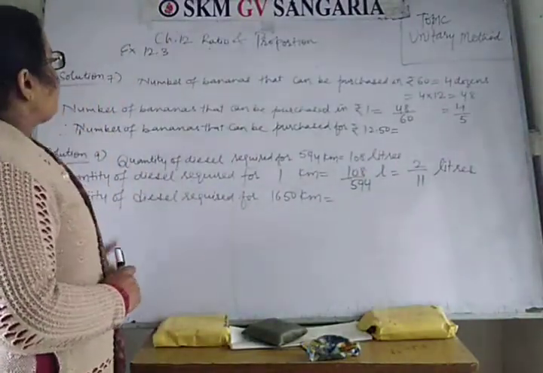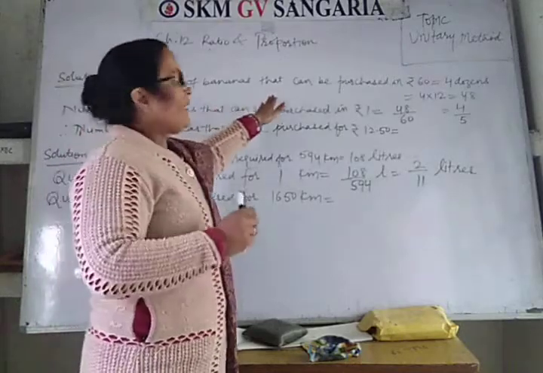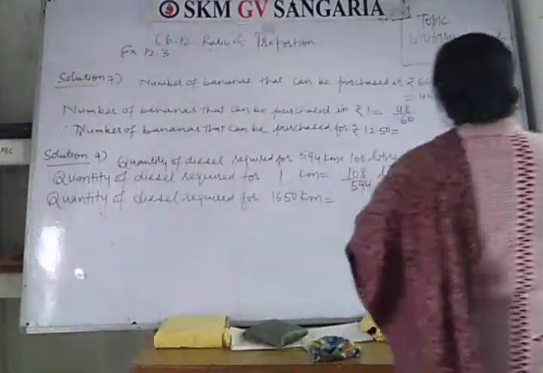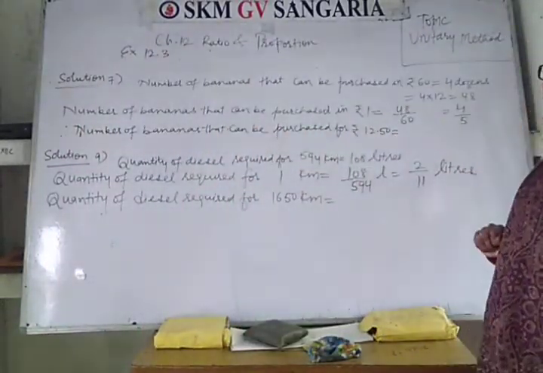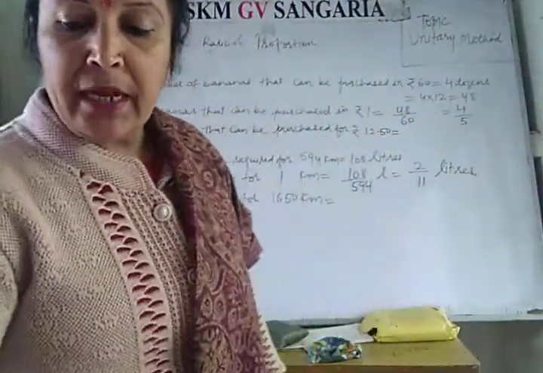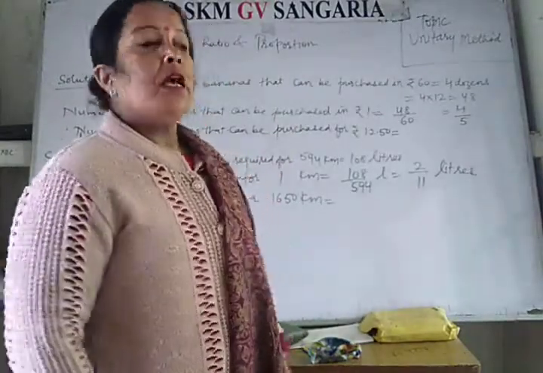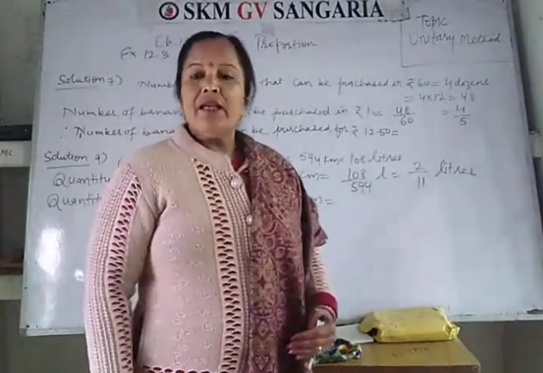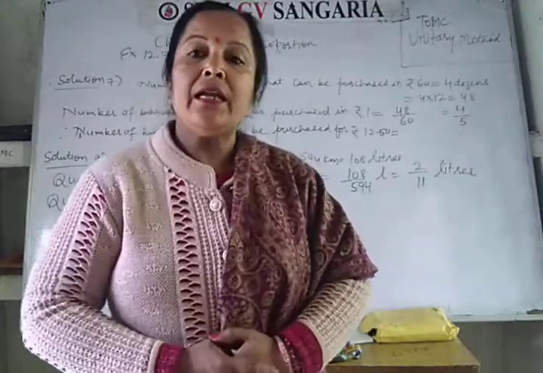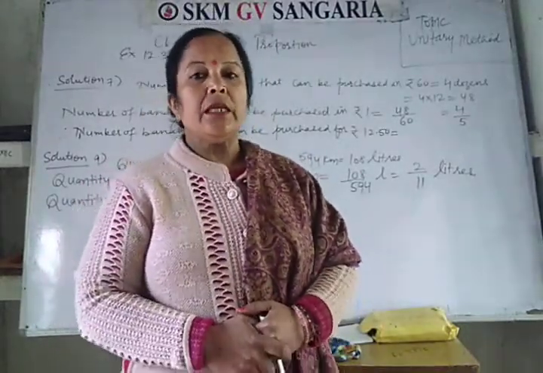So here, first of all, we will write the number of bananas that can be purchased in rupees 60. How many? 4 dozens. In one dozen there are 12 units.